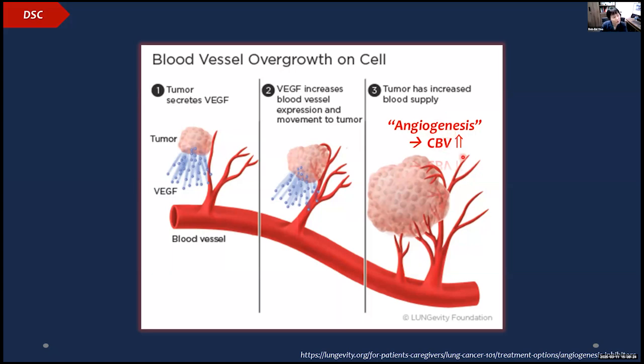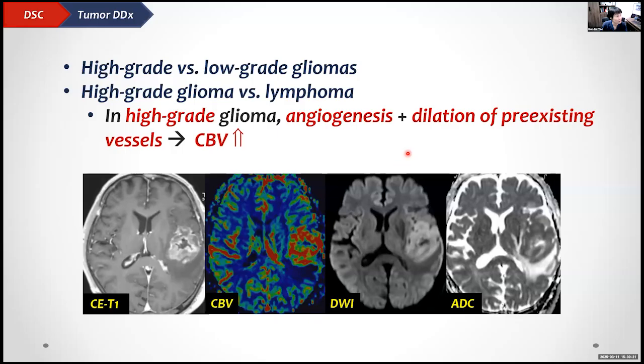And this results in increased CBV on DSC perfusion-weighted imaging. This characteristic is used to differentiate typical high-grade gliomas from low-grade gliomas, and high-grade gliomas from the other common primary CNS tumor, lymphoma.